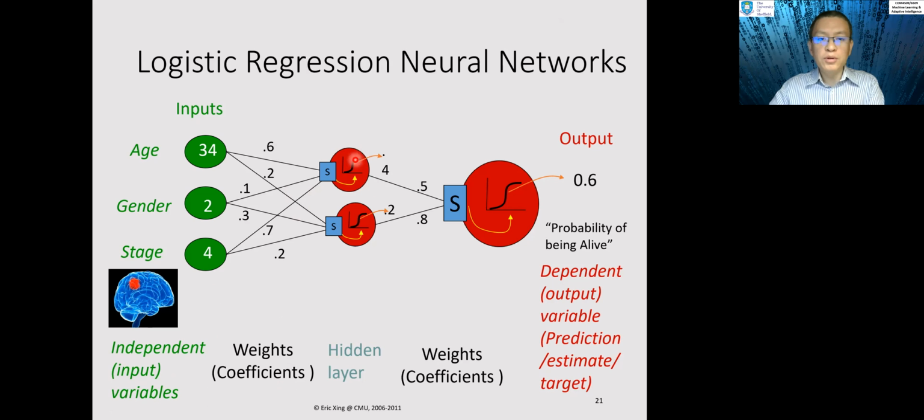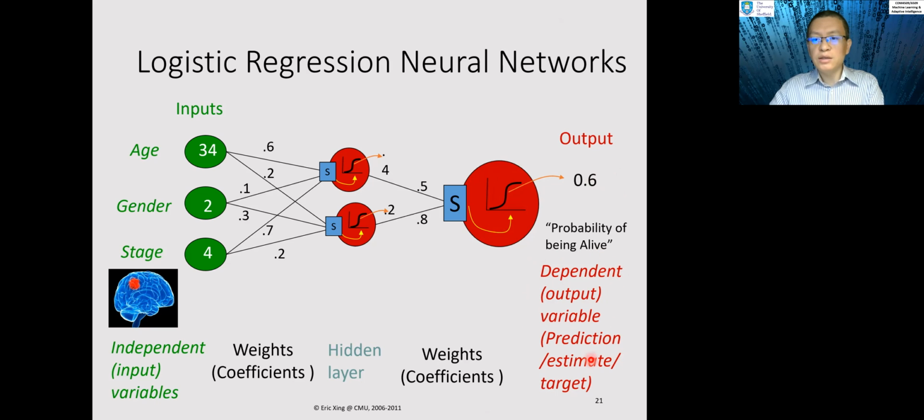The output of this unit, or neuron, is then multiplied by another weight, and they are combined in another neuron, and then we apply another sigmoid activation function to obtain the output, which is also called the dependent variable.